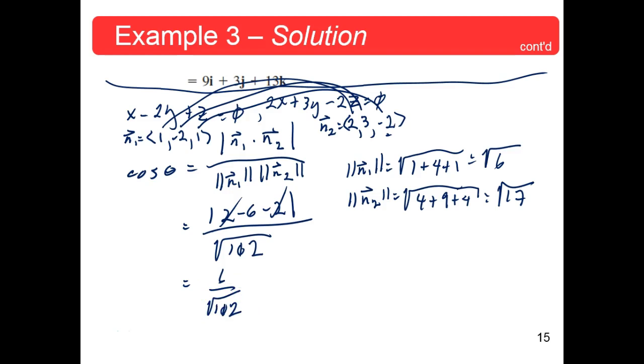All right. You're going to need some calculator help now. I could do just about all this up to this point in my head. Not anymore. Do 6 divided by the square root of 102. That would be something a little bit greater than 0.5. And then do theta is equal to the inverse cosine of that.